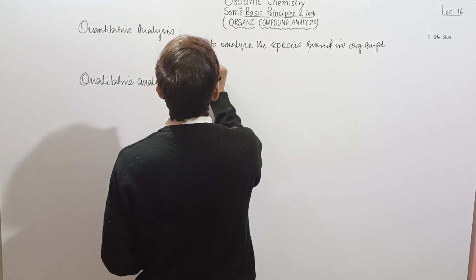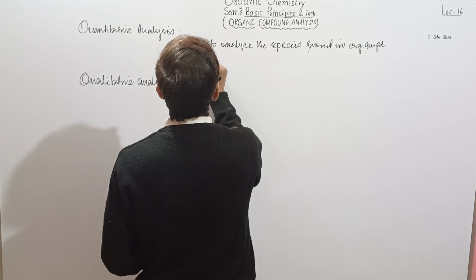Now let me define. Organic compound generally contains, besides carbon and hydrogen, oxygen, nitrogen, sulfur, halogens and phosphorus.